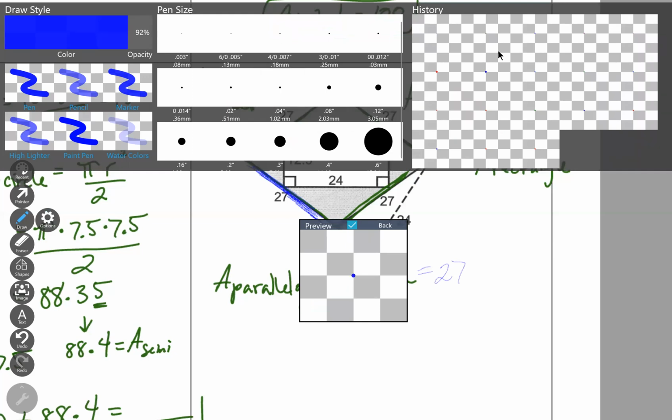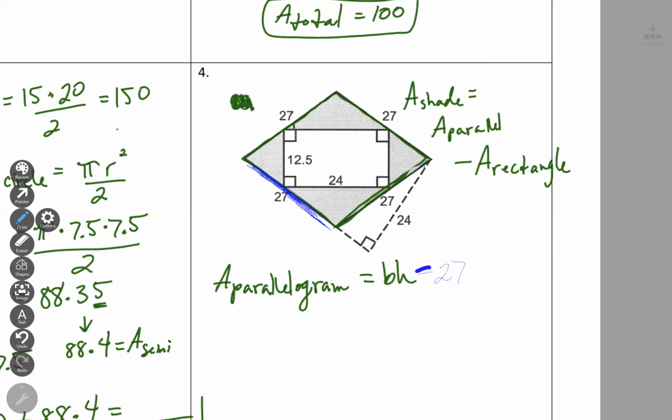Okay, our base is 27 and the height is 24. So do 27 times 24. So that's 648. So that's this whole parallelogram.